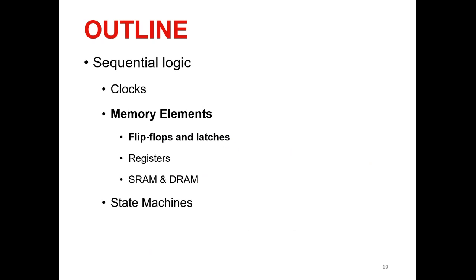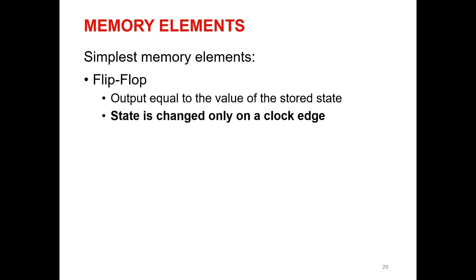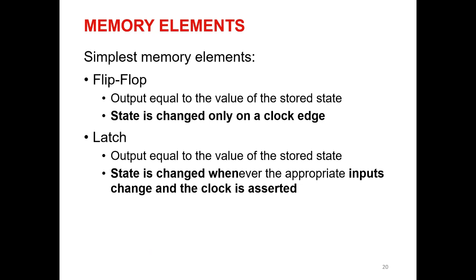Now that we know what a clock is, let's see in more detail how elements are stored in memory. The most basic elements are called flip-flop and latch, and those elements are very similar. The only difference is that with the flip-flop we only update the memory element, the state, on a clock edge. Remember, we have been using the rising edge, but it could also be the falling edge.